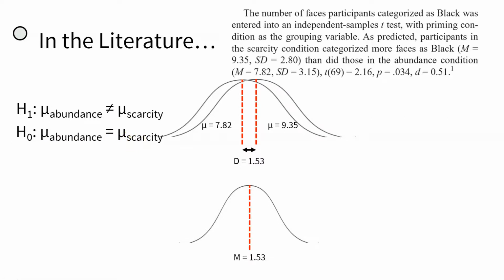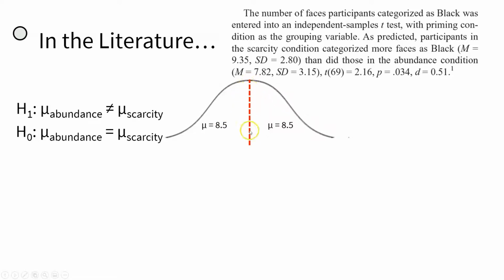And so how that would look is you can imagine that these two populations here are not actually different in real life. In the real world, this mean isn't 7.82 and this one 9.35. They're actually both the same, something like 8.5. And these therefore have to meet in the middle, and you'll see there that you've got two identical populations.